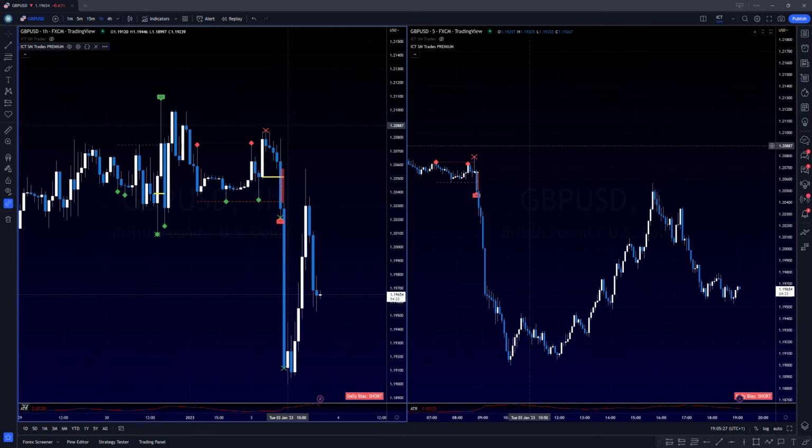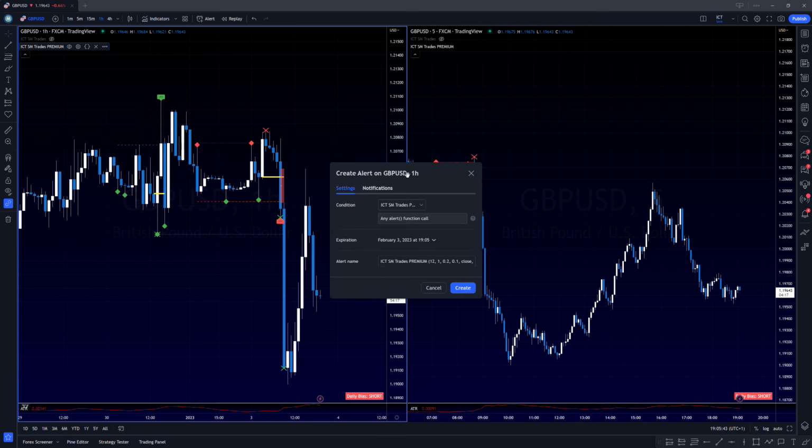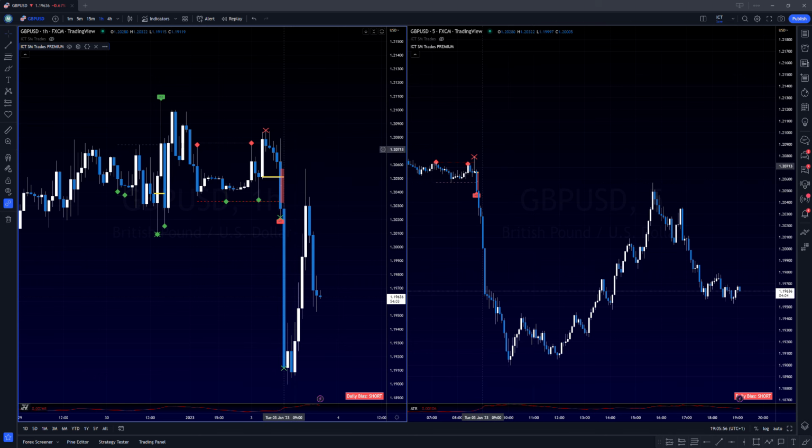So this premium indicator has a lot of features, and the most wanted is alerts. So when you click here, add alert on ICT SM Trades Premium, as you can see, I'm here on GU on 1 hour time frame, and you can create an alert, and the alert will be triggered when a market structure shift happens or occurs.